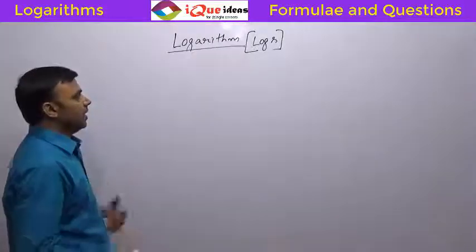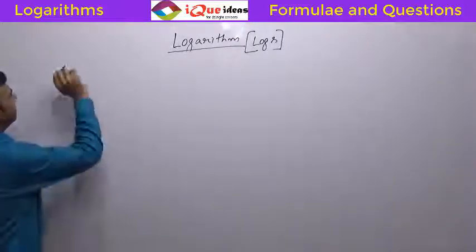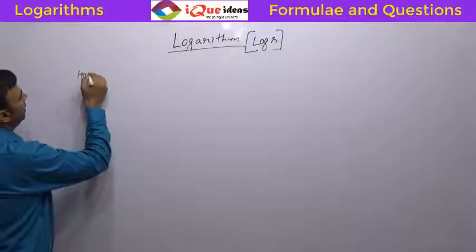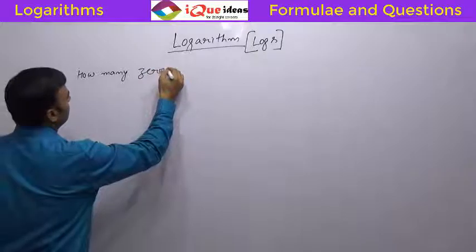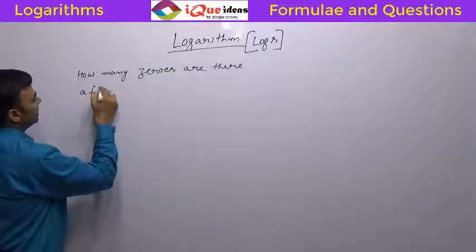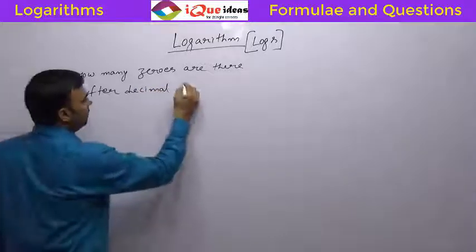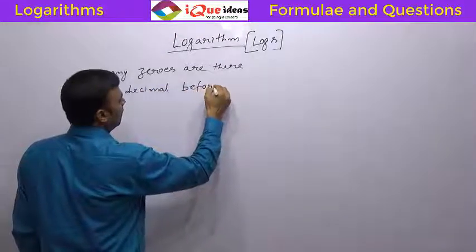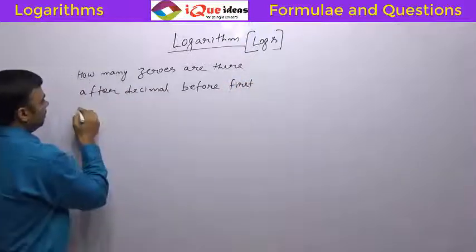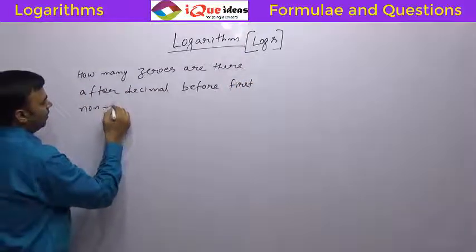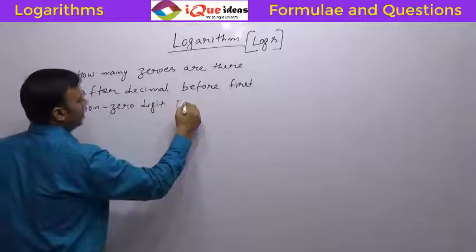Okay. Now one more topic in logs. The question is asked like this: how many zeros are there after the decimal before the first non-zero digit in a number.